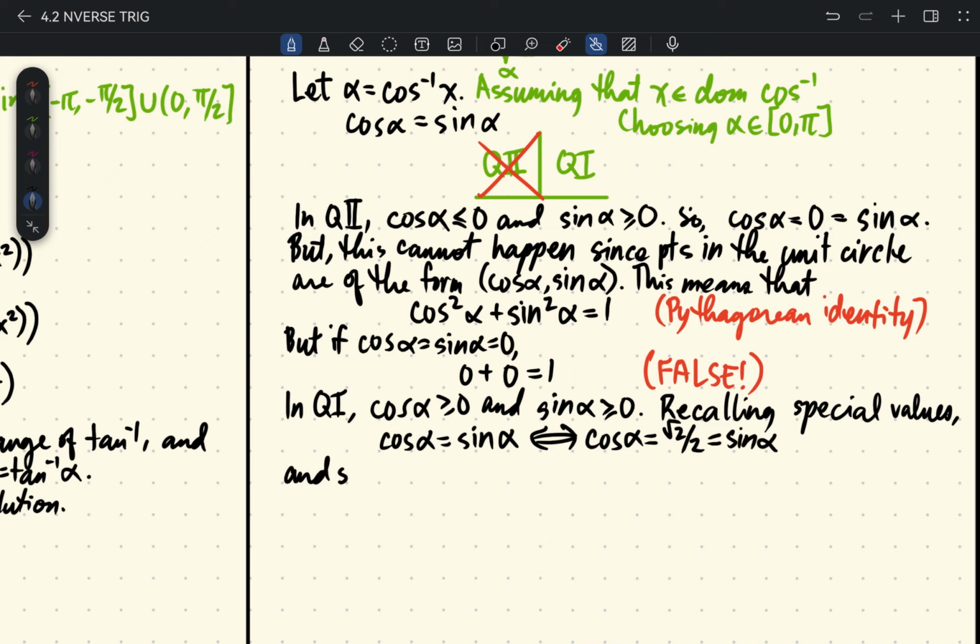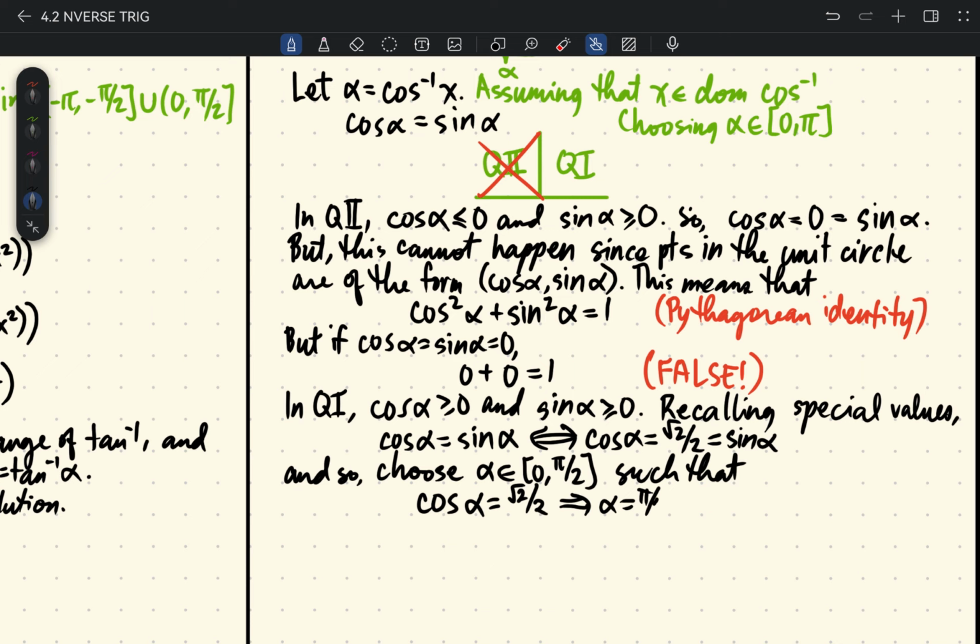And so, choose alpha in the interval 0 to pi over 2 such that it's enough to find alpha such that cosine alpha is square root of 2 over 2. And recall that happens if alpha equals pi over 4.